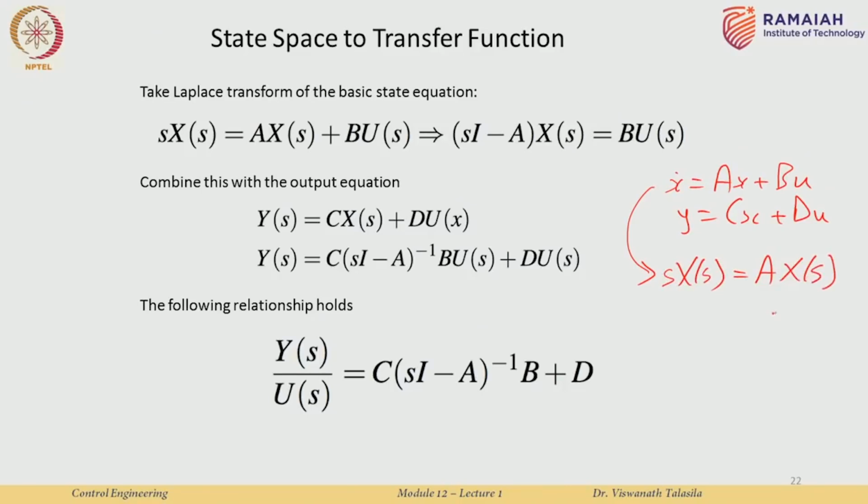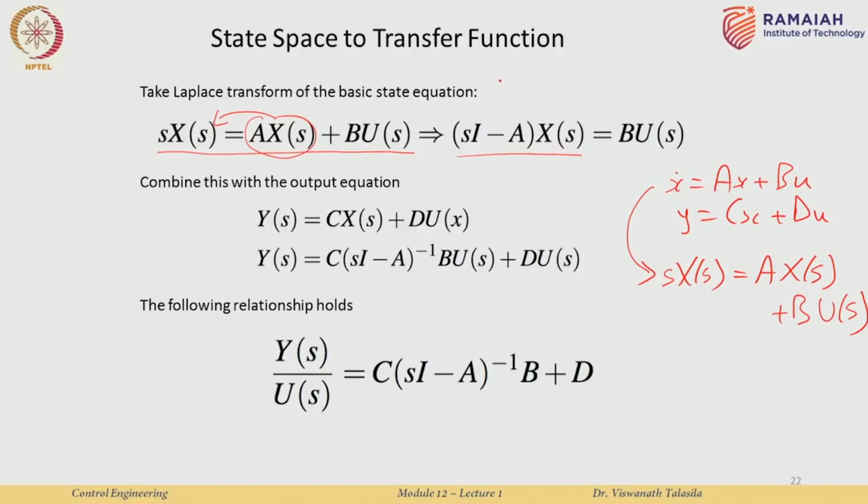Remember that A is a constant matrix, so it just stays as it is, as for B, C and D. So, this is the first term of the Laplace expression. You take this term onto the left hand side and subtract, and you get sI minus A times X(s) equal to B times U(s).